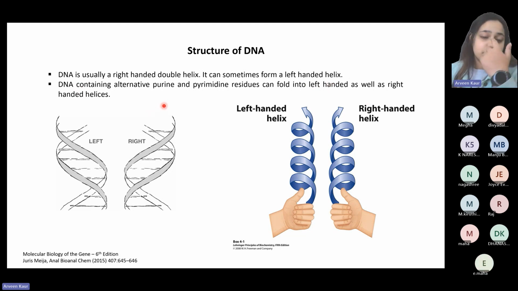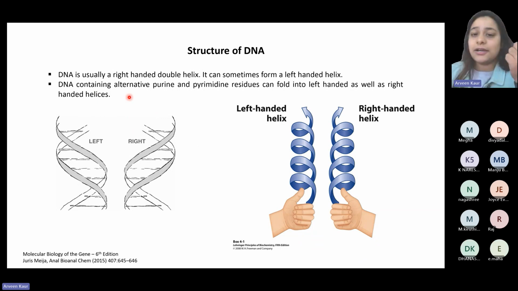So if alternating purine-pyrimidine residues are present, it can sometimes form a left-handed helix. An example of this kind of helix is Z-type DNA.